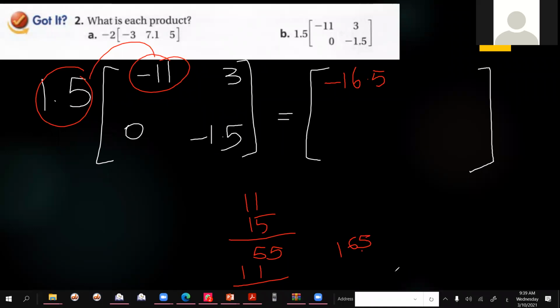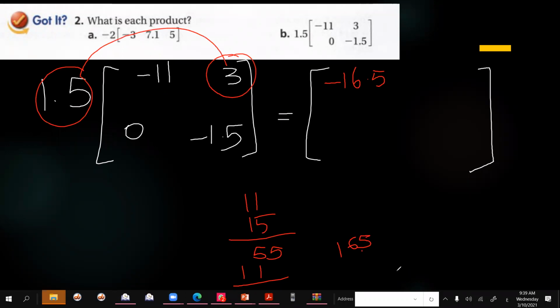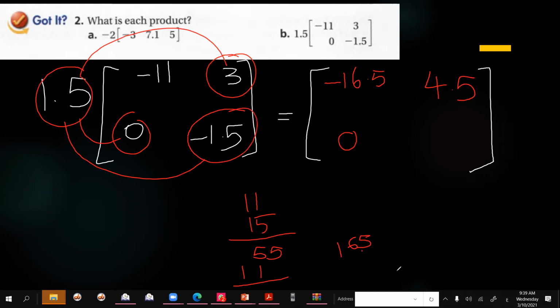Then the second one, 1.5 times 3, which is 4.5. Then 1.5 times 0, which is 0. And 1.5 times negative 1.5.